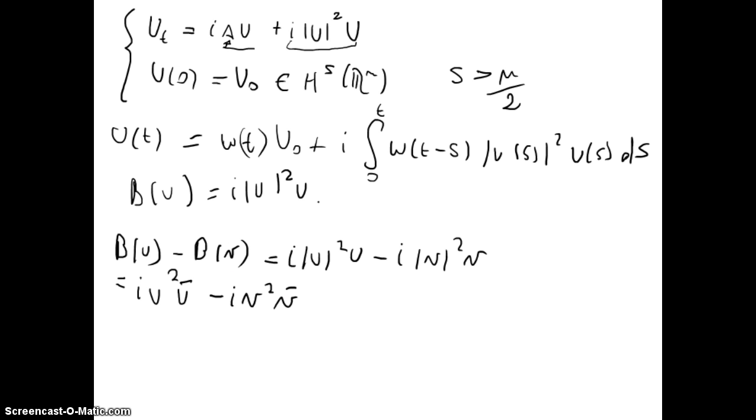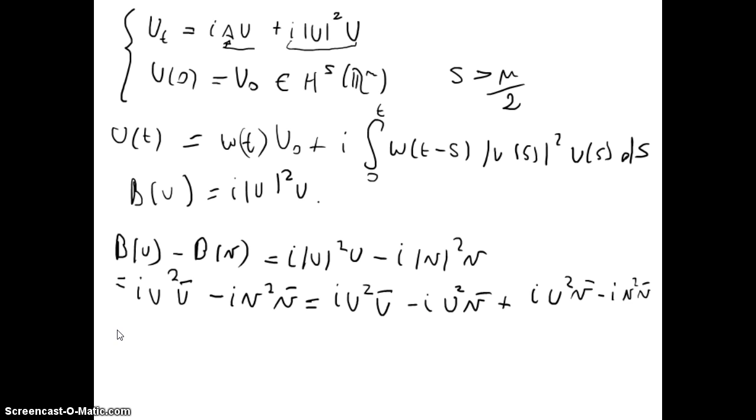And this will be equal to i u^2 u-conjugate minus i u^2 v-conjugate plus i u^2 v-conjugate. So I add and subtract this, and what is left is minus i v^2 v-conjugate.